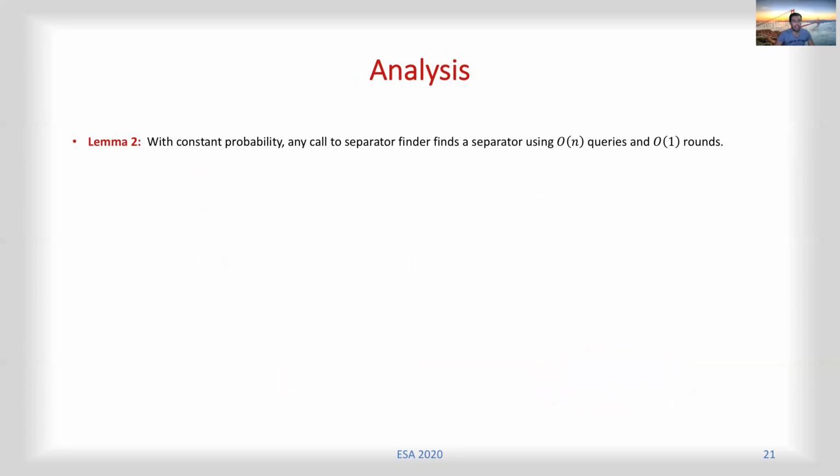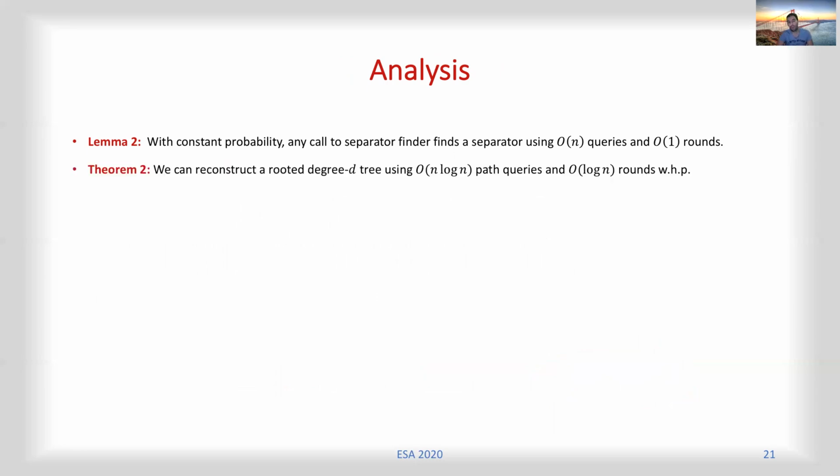And for the analysis, we can prove that with constant probability, any call to a split separator finder finds the separator using O of n queries and O of 1 rounds. We can reconstruct the degree d tree using O of n log n path queries and O of log n rounds with high probability.